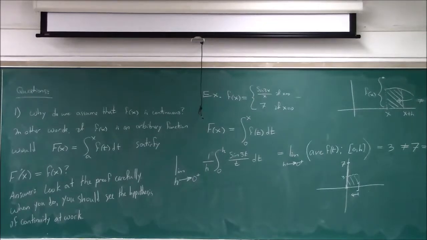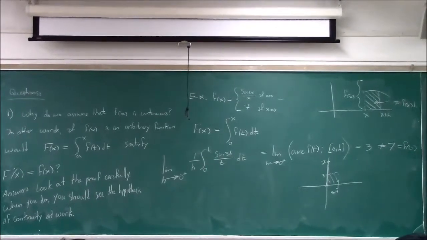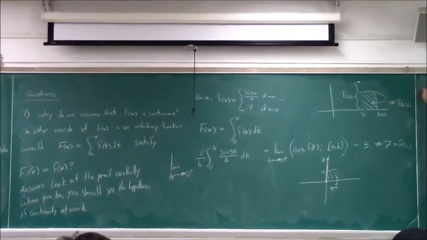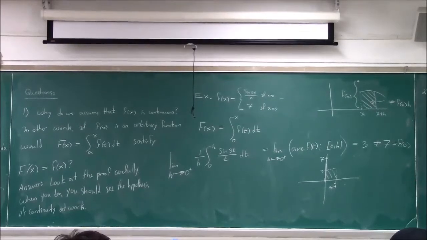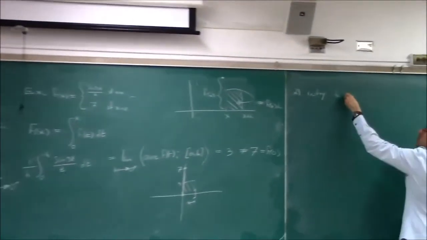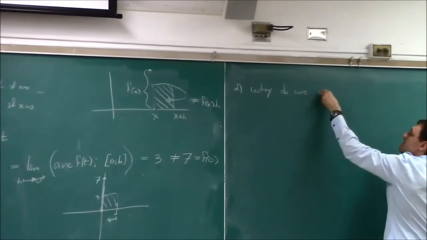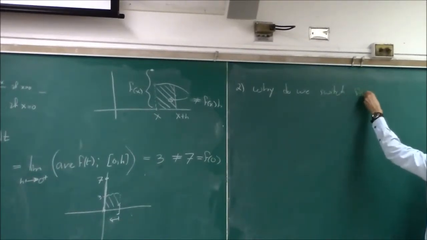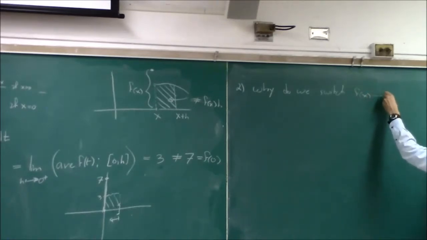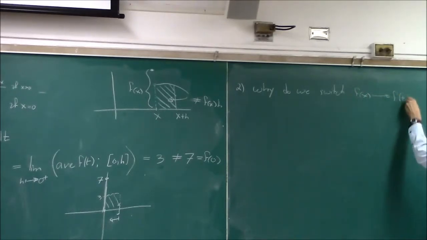Here is my second question. Again, I'm worried to waste time on it, but I just wonder if you notice, why do we switch to t? Why do we switch f of x to f of t?